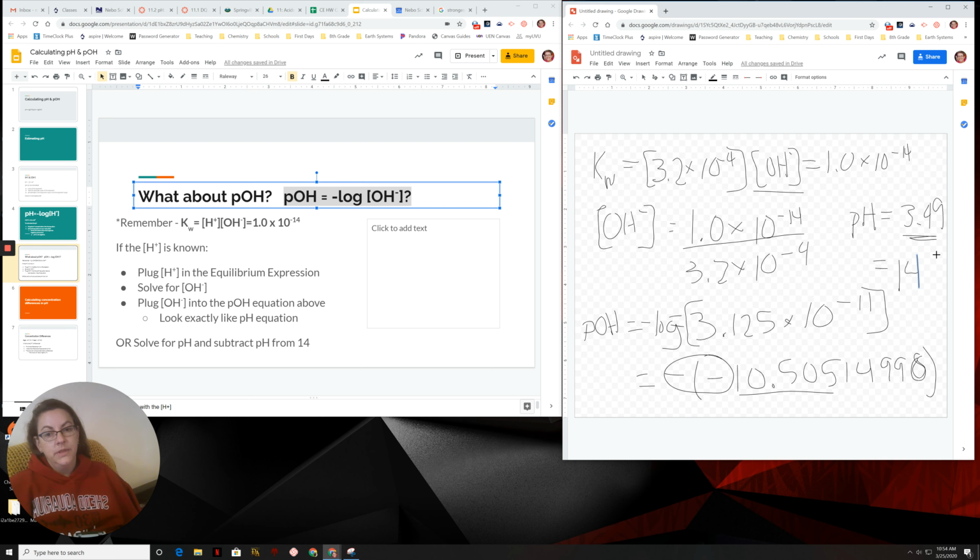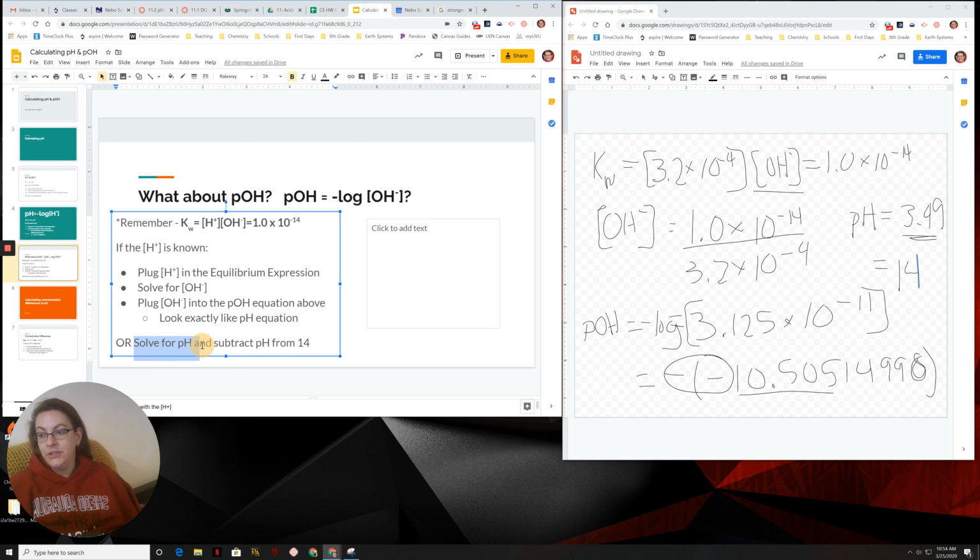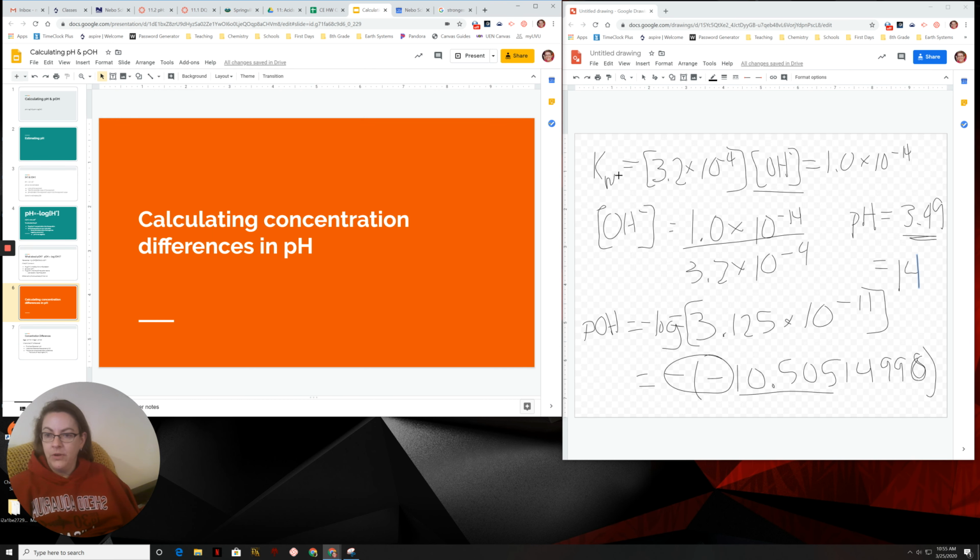So the other way that you can do this, besides this process, is you can solve for the pH value, and then you can subtract the pH value from 14, and that will give you the pOH. Okay? All right.